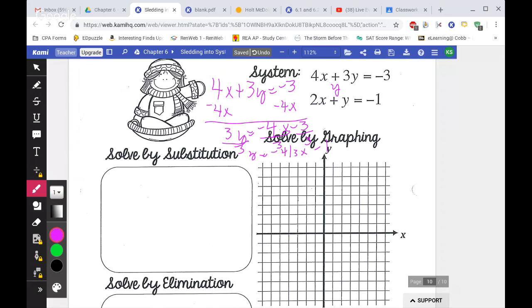I'm going to rewrite that y up here so it's a little more visible. 4/3 x minus 1. And then down here, I'm going to subtract 2x from both sides. And I get y equals negative 2x minus 1.